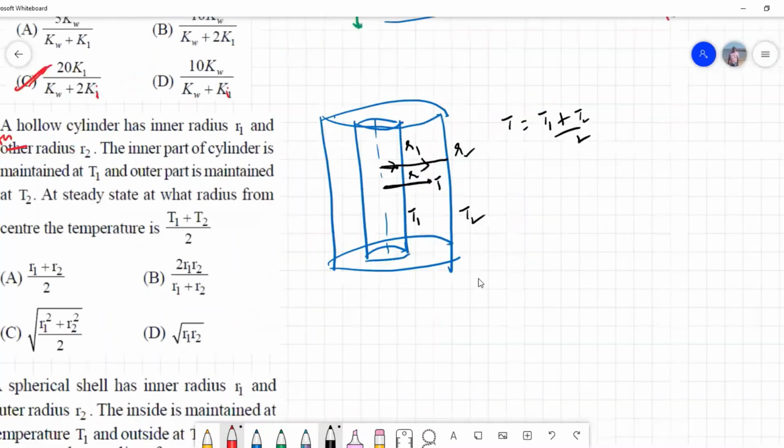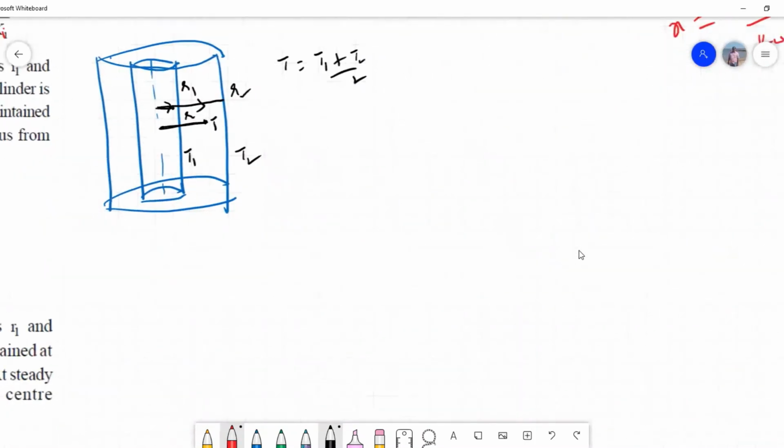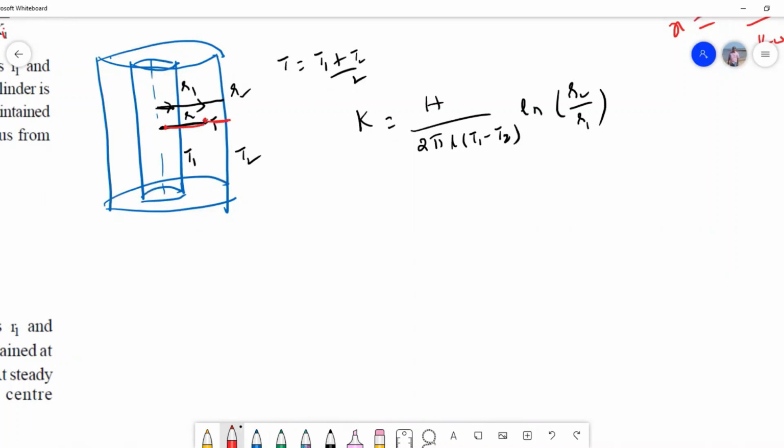So we all know that for a cylinder, the heat current is given by H equals 2 pi L K into (T1 minus T2) upon ln of R2 by R1. So what you have to do is simply equate the heat current, first from the inner surface to this point, and then between these two points.